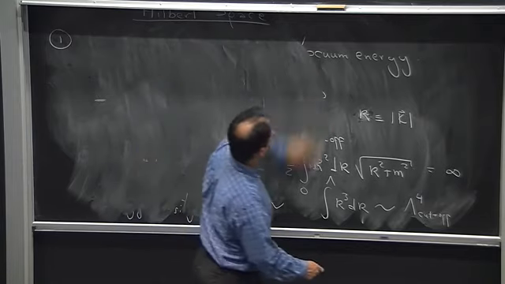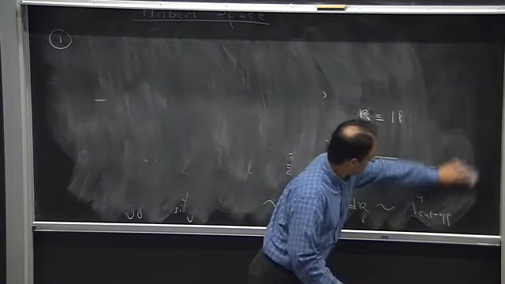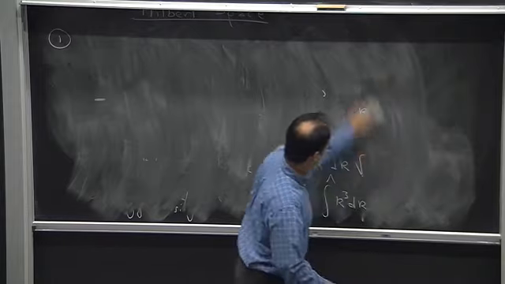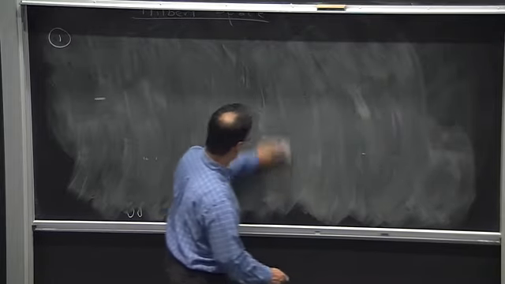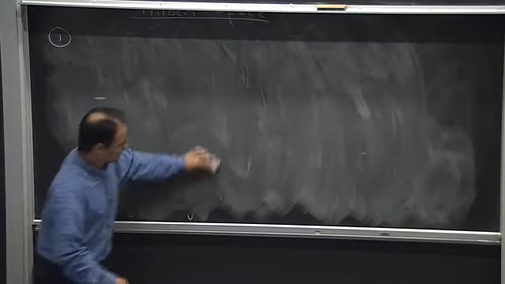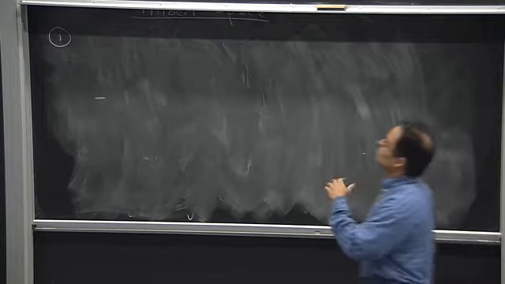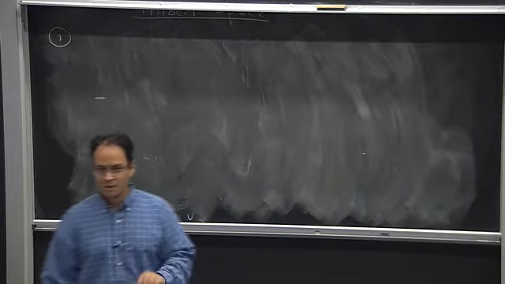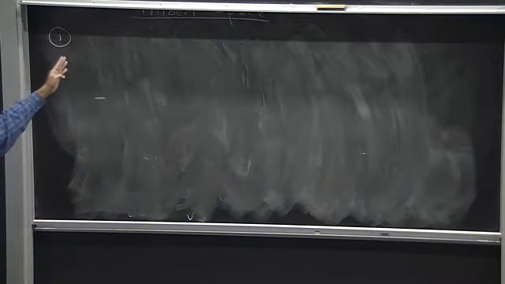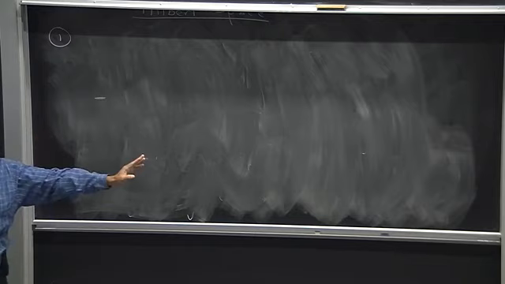Yes? How did you know what your dagger does to the vacuum? You haven't really shown that they are particles. Yeah, no, I haven't told you that they are. I haven't actually proven to you that they will be particles, but they are definitely creating states in our Hilbert space, right?